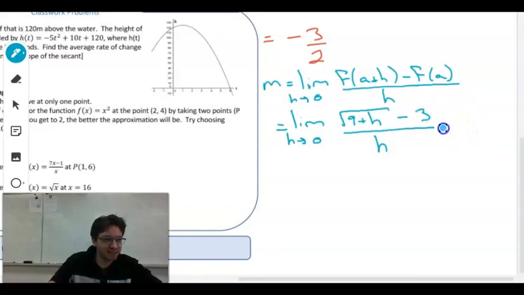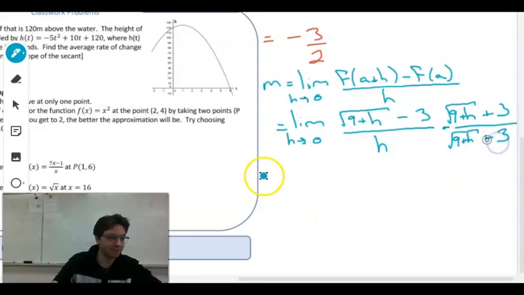So this is where it becomes useful to do that. Let's multiply top and bottom by the conjugate of the numerator, which is going to be the root of 9 plus h plus 3, all over the root of 9 plus h plus 3. So that's going to give us the limit as h approaches 0. Here we have our difference of squares, so we're going to end up with 9 plus h minus 3 squared, which is 9.